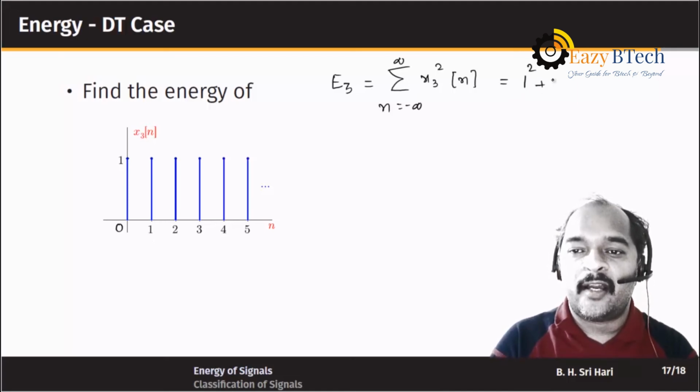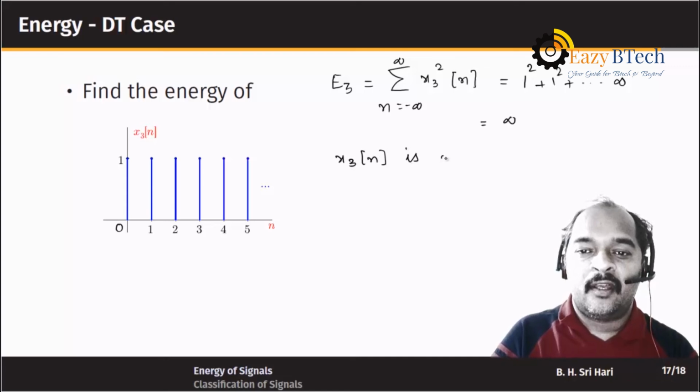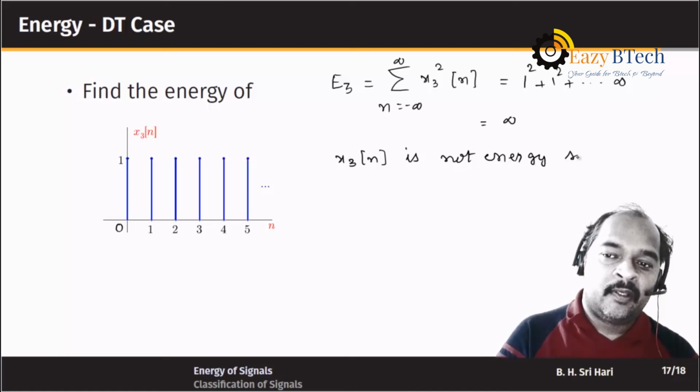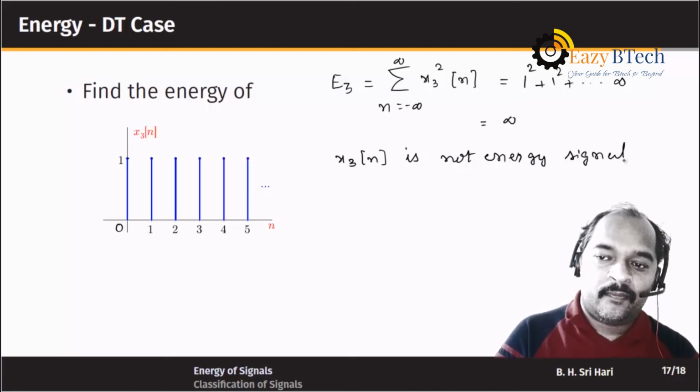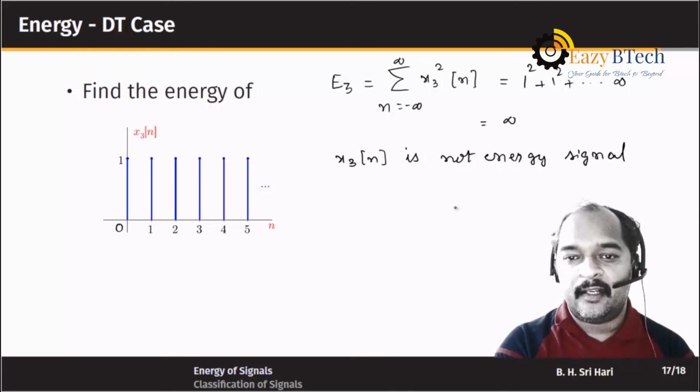So we'll get 1 square plus 1 square and so on up to infinity. So that simplifies to infinity. And hence what do we say? We say that the signal x3 of n is not an energy signal.